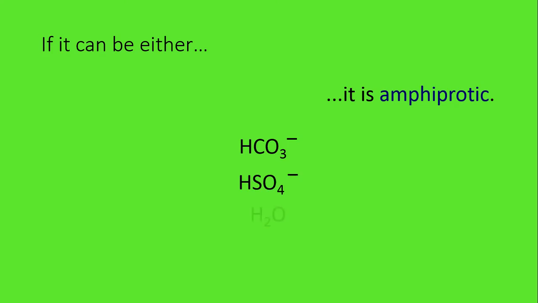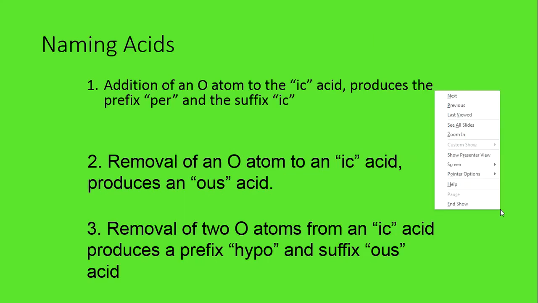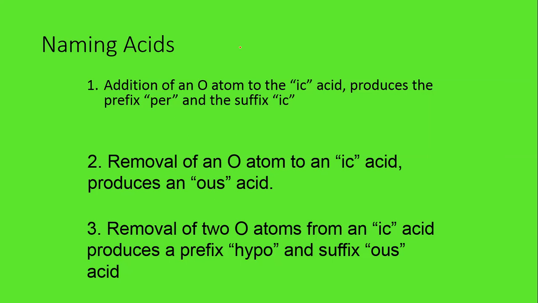So in order to do that, let's talk about the chlorate ion. Now this is chlorate. Now when chlorate attaches to hydrogen and becomes HClO3, it becomes what we call chloric acid.